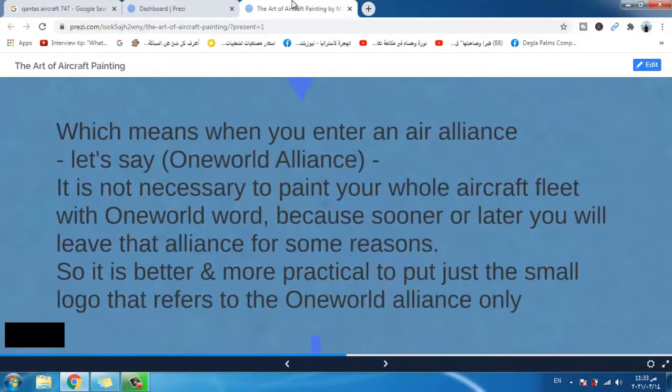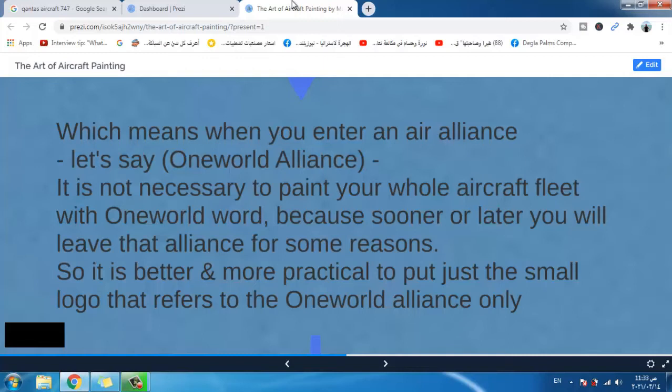So, which means when you enter an airline alliance, let's say the One World Alliance, for example, it's not necessary to paint your whole aircraft fleet with the One World logo, because sooner or later you will leave that alliance for some reason.